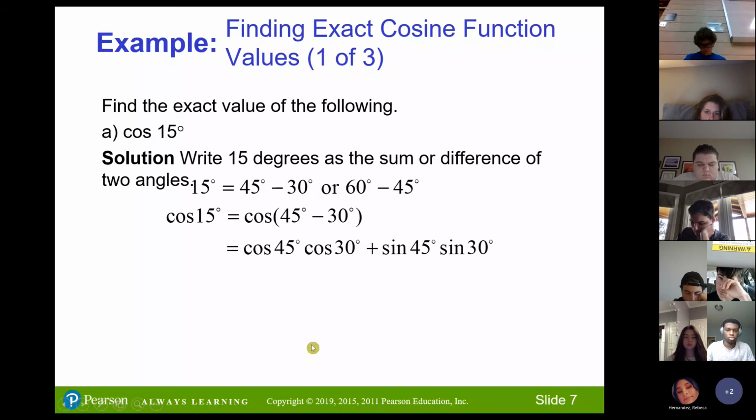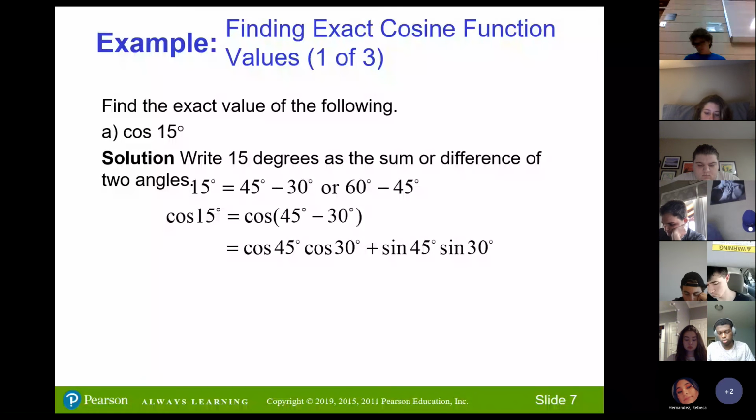Now, we all know that the cosine of 45 is square root of 2 over 2. So that's going to be the square root of 2 over 2, square root of 3 over 2, minus square root of 2 over 2 times 1/2.